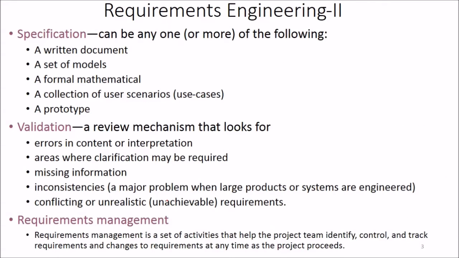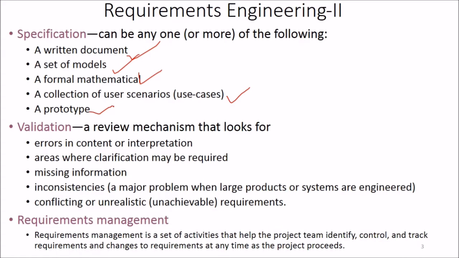Then comes the specification. In the context of computer-based systems, the term specification means different things to different people. A specification can be a written document, a set of models, a formal mathematical model, a collection of use cases or user scenarios, or it may be a prototype also.